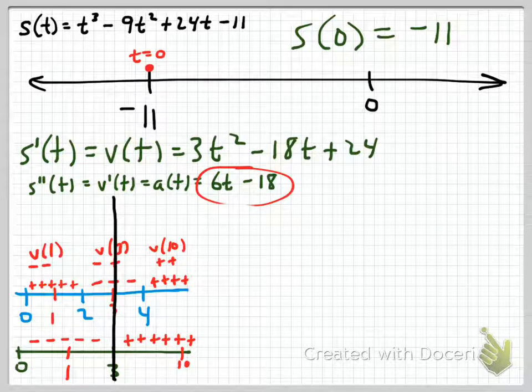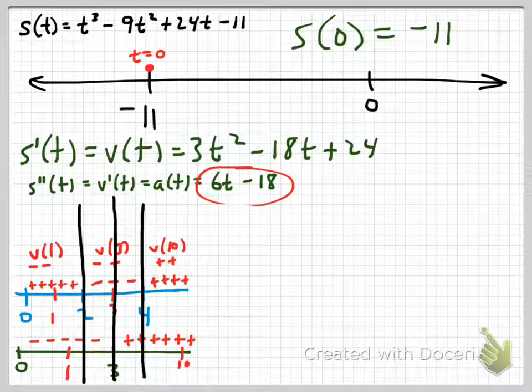Then I want to draw a line where we have a sign change for the velocity. So basically I'm drawing a vertical line through these two sign charts wherever we have either a sign change for the velocity or a sign change for the acceleration.